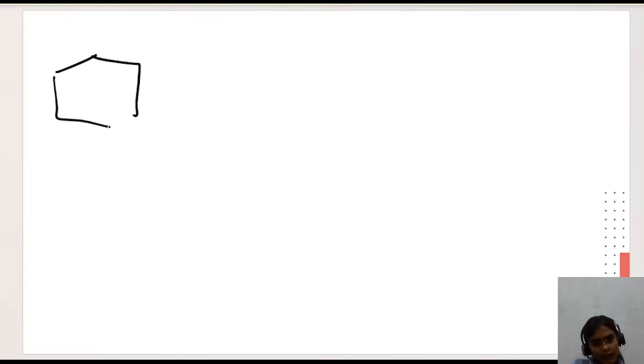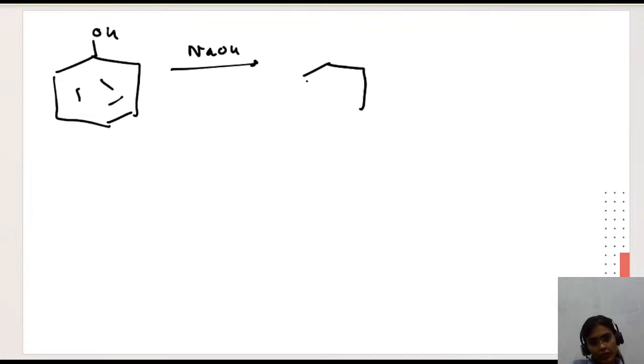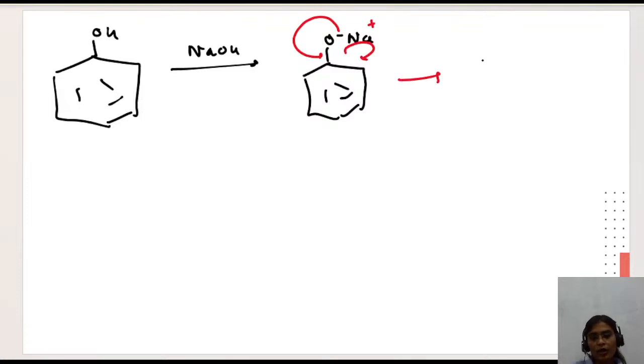You will be having a phenol since we are using NaOH already there. So if you are using NaOH, we are getting sodium phenoxide. Okay, this is just a counter ion only. So what is happening? O negative attacks here, and this becomes like this. So this is ditto the previous step we already covered, right? So a negative charge is generated, and it's a double bond like this.